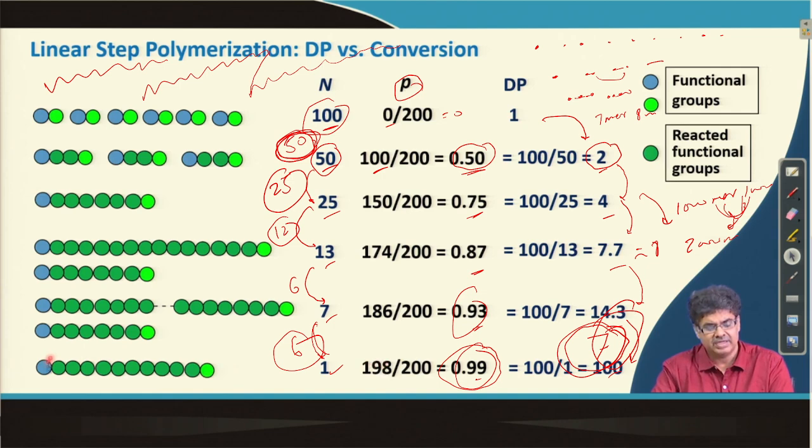Initially monomers react, so the degree of polymerization does not increase by a significant amount. But at the end, when big oligomers, or n-mers which are 1000 or lakh n-mers, react, your degree of polymerization will increase drastically.